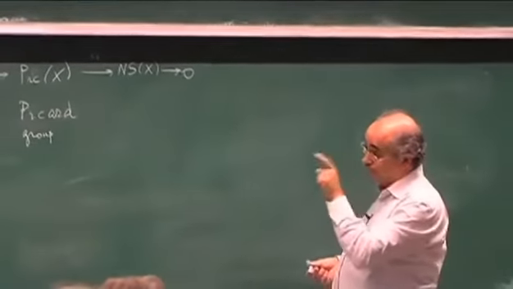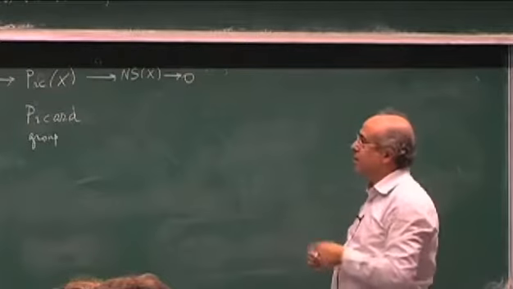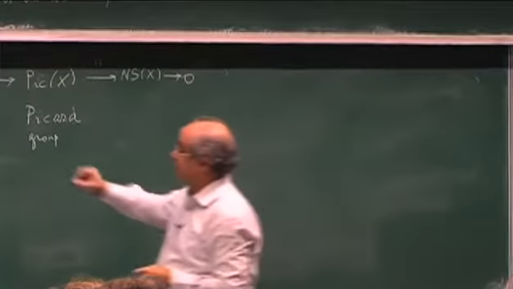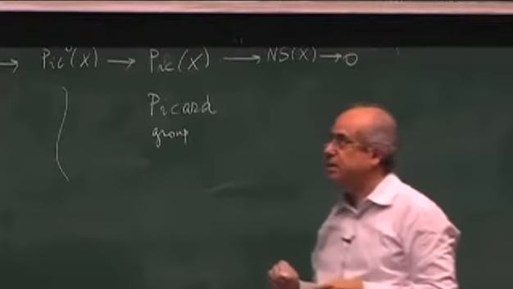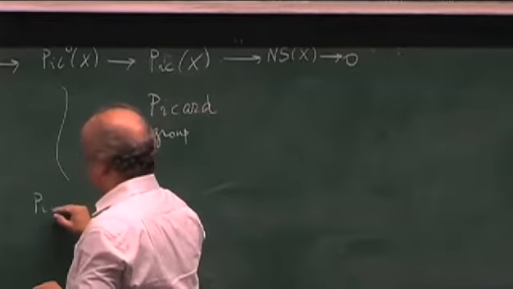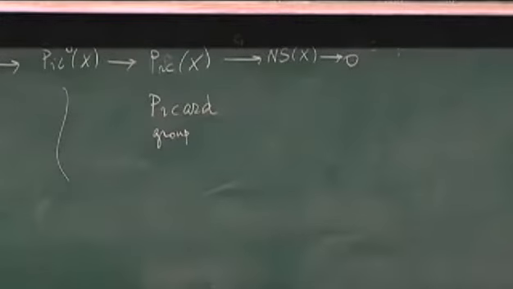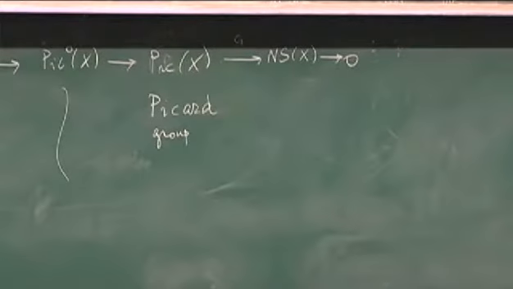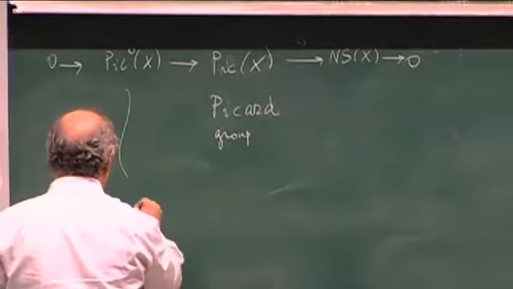Actually, just to give a hint to what's going on here, this space has a rich structure. In particular, it's not only a group, it's also a variety, because you can prove that under this assumption, this is a finite dimensional vector space.